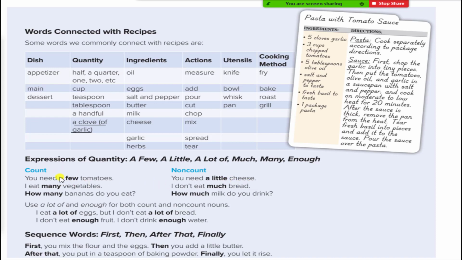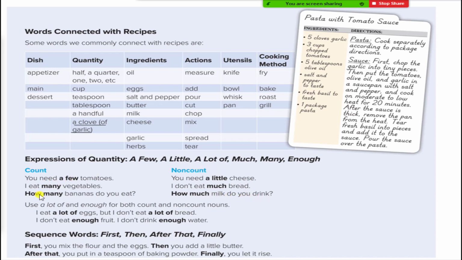So we use a few with count nouns. We use a little with non-count nouns. I eat many vegetables, with count. I don't eat much bread, this with non-count. How many bananas do you eat, for the count? And how much milk do you drink, for non-count?